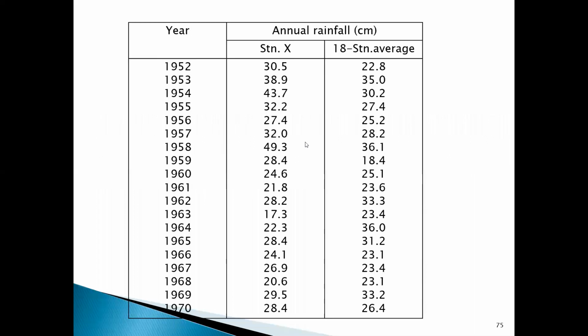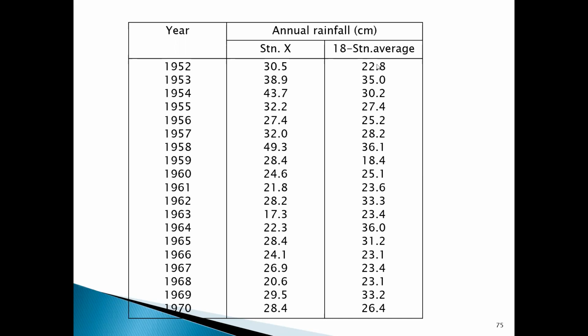So now this is the given problem. You can see here the years run from 1952 to 1970, with the annual rainfall in centimeters at station X, which is under question and whose consistency has to be checked. Similarly, you have the 18 surrounding stations, and these are the average annual rainfall data for all these 18 surrounding stations.